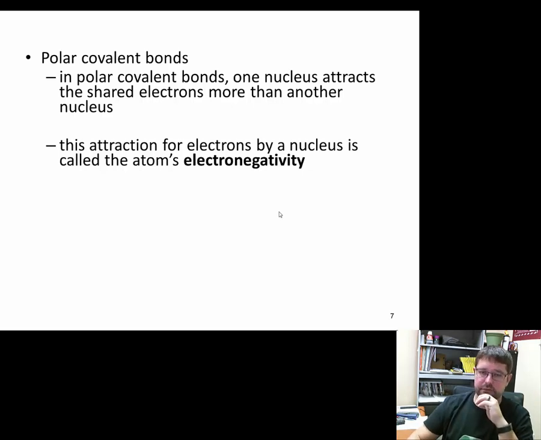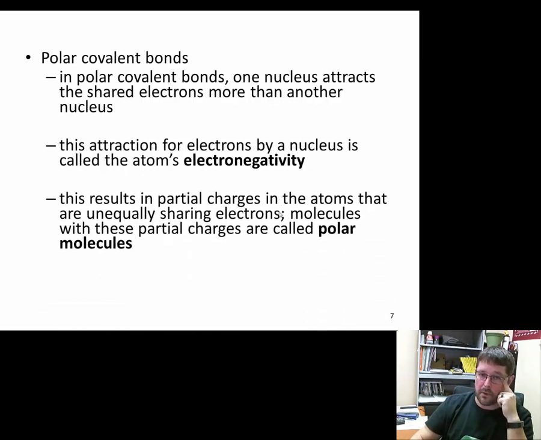This also depends on how many bonds are formed, and how many electrons are needed to fill that outer shell, and a bunch of other factors that can play. But nonetheless, if one nucleus is pulling the electron closer to it, it's going to cause a charge on that molecule.